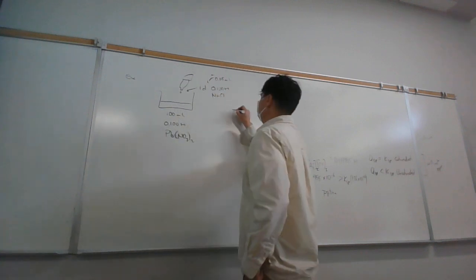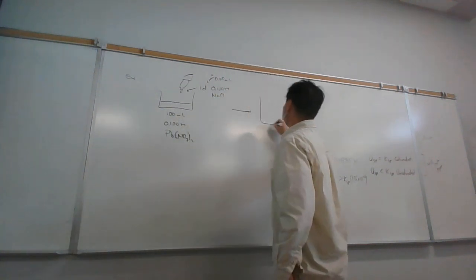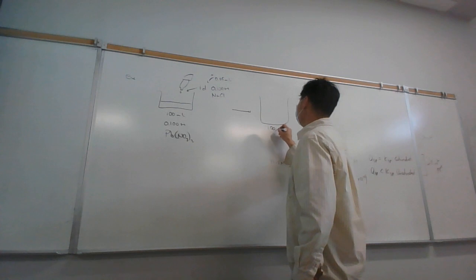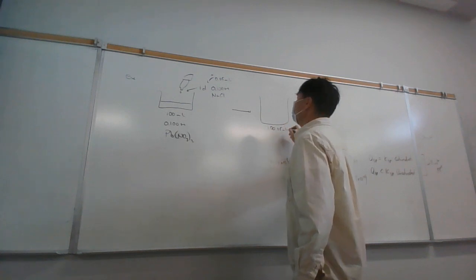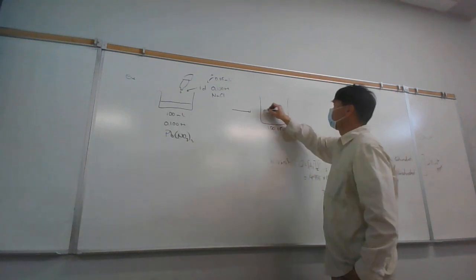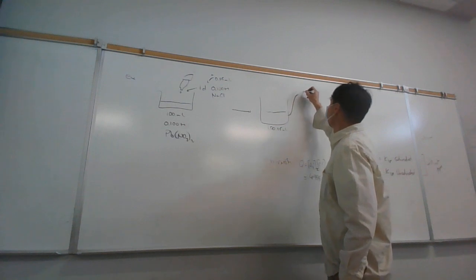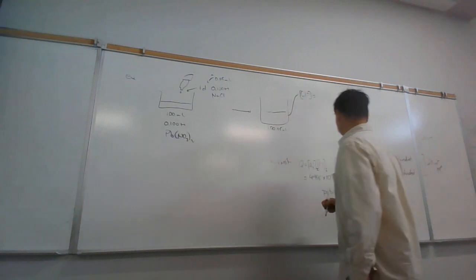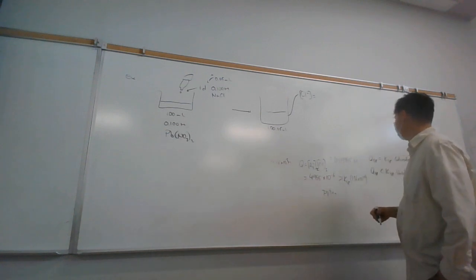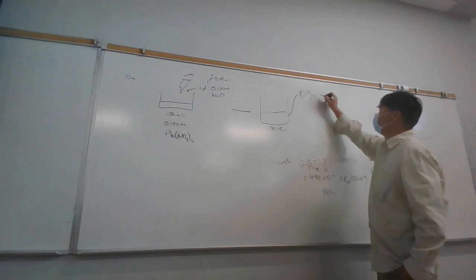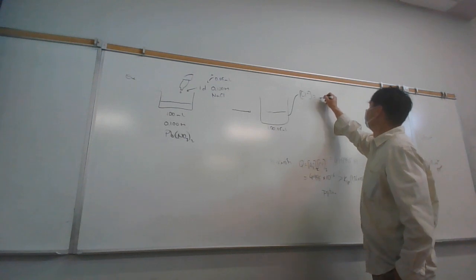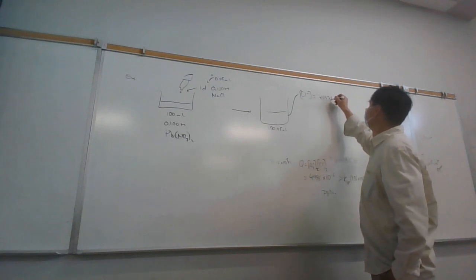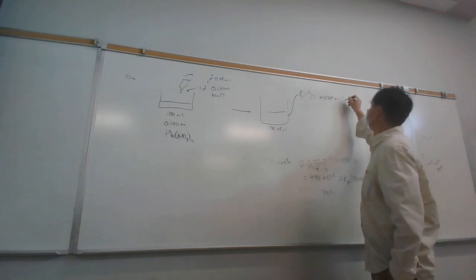And so here, it's the same procedure. We'll do the solution dilution, so we're going to end up with 100.05 milliliters. And then the chloride concentration will be the same, which was 4.9975 times 10 to the minus 5.